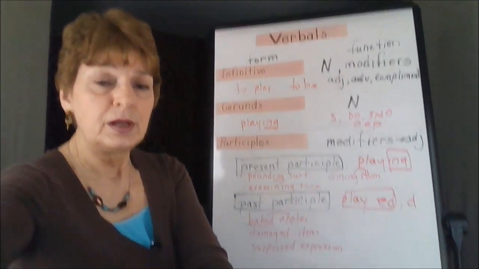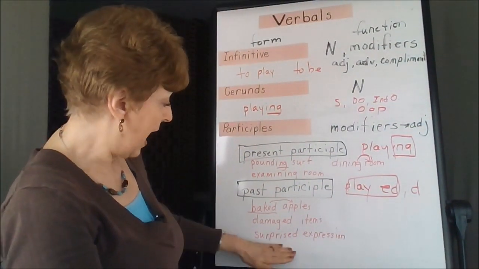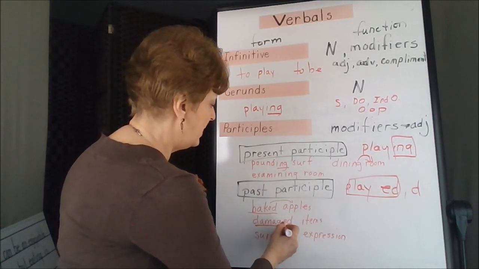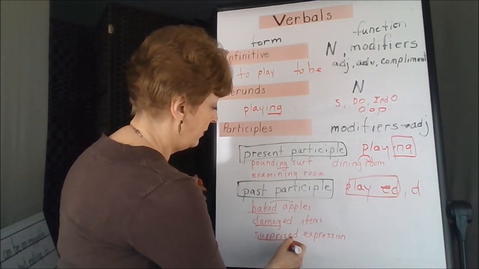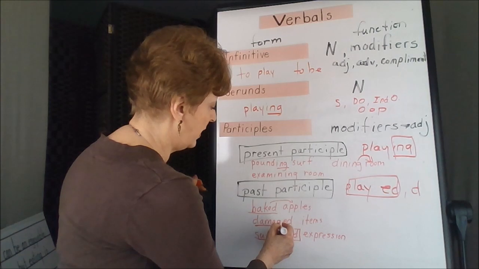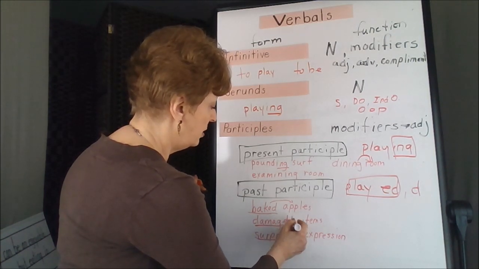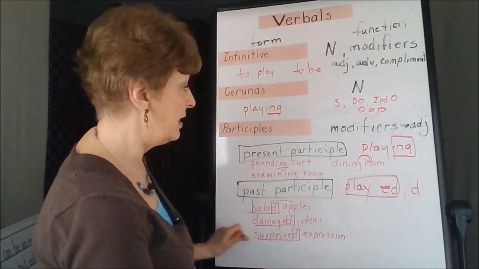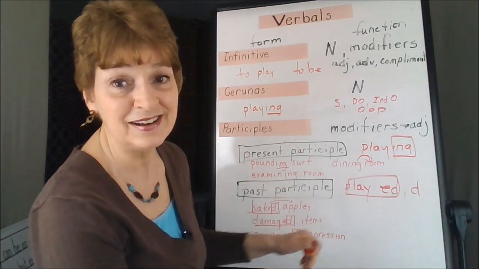How about surprised expression? In each of these, we have the ed ending on it. This one, surprise, ends in an e, so just the d part is put on. Same thing here with damaged. Baked is the same thing. I chose three examples that just have the d on it.